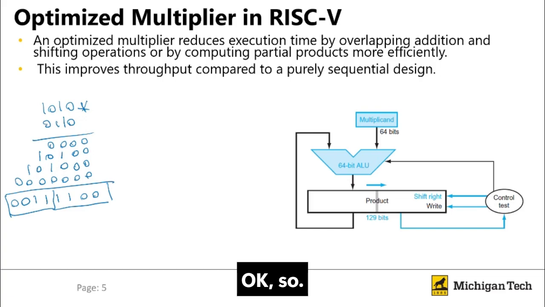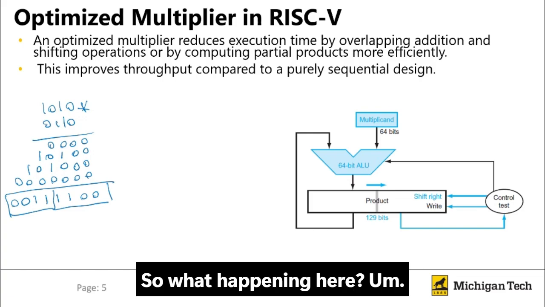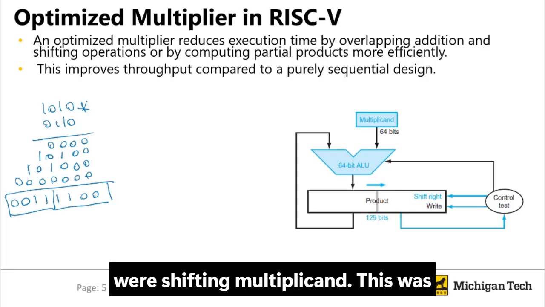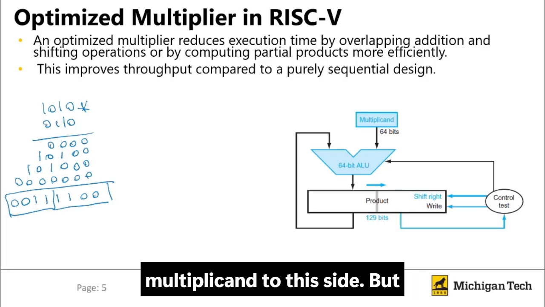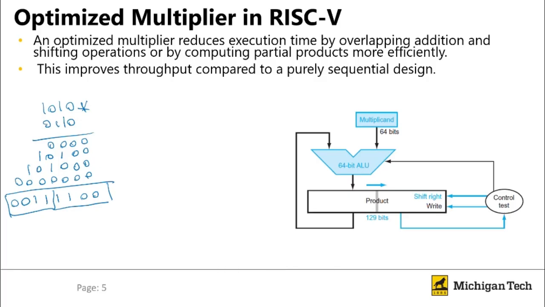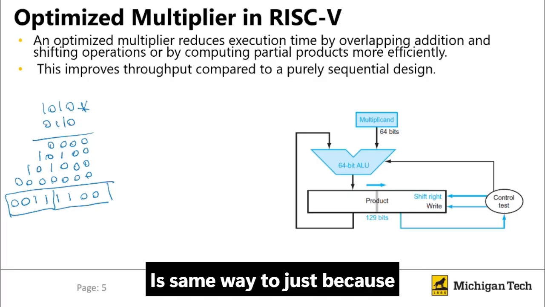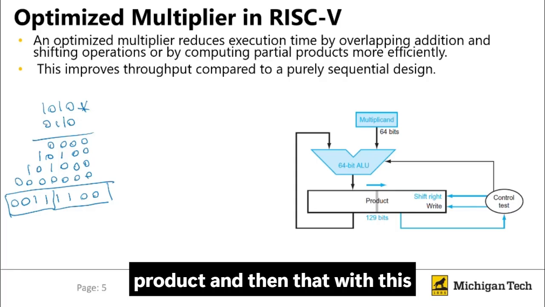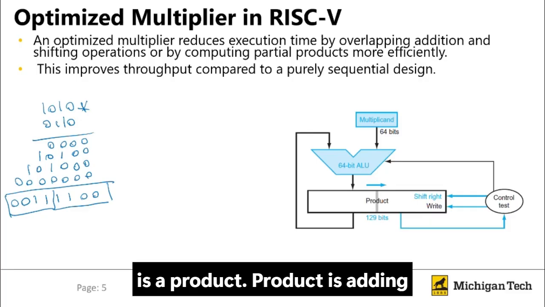Okay, so what's happening here? In the previous algorithm, we were shifting the multiplicand to this side. But now we are working with the product, and this is the product. The product is adding.